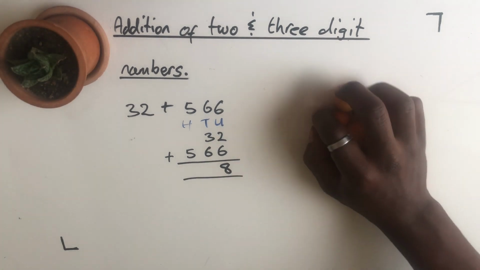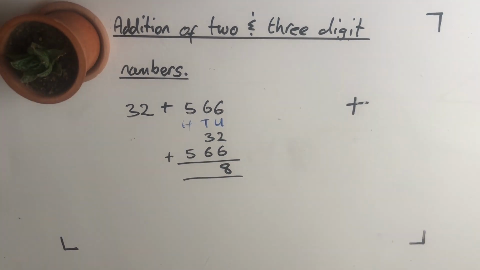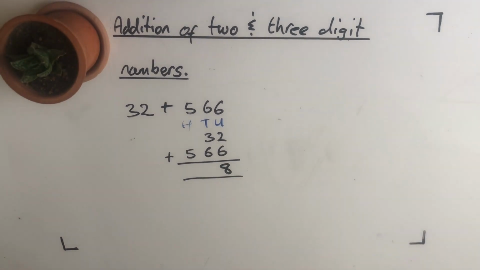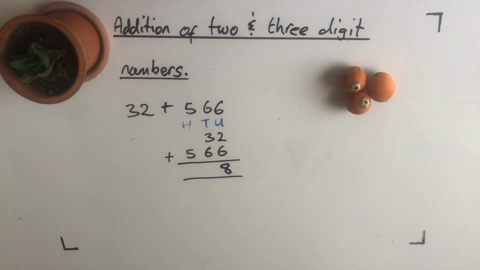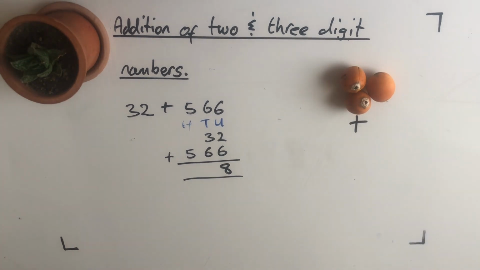And then let's move on to the tens. In the first one, I have 3 tens. Okay? That's 3 tens, plus 6 tens.